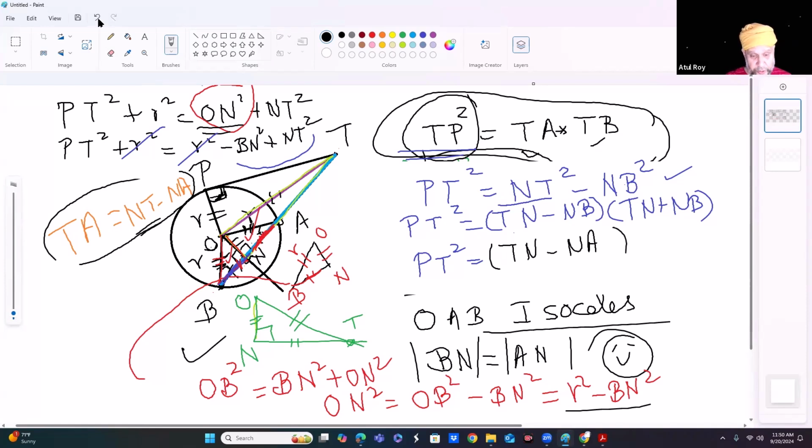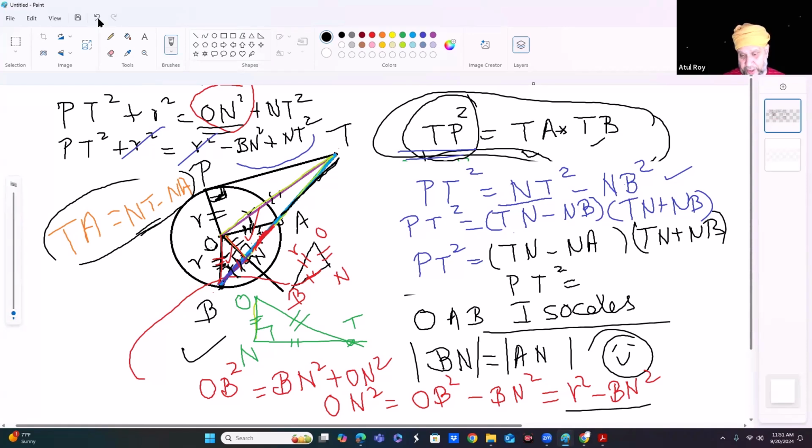Why did I have to do that? Because I wanted TA, right? And here it was relating it to BN, right? Okay, so we have TN minus NA here, because they are congruent, and then we got TN plus NB.